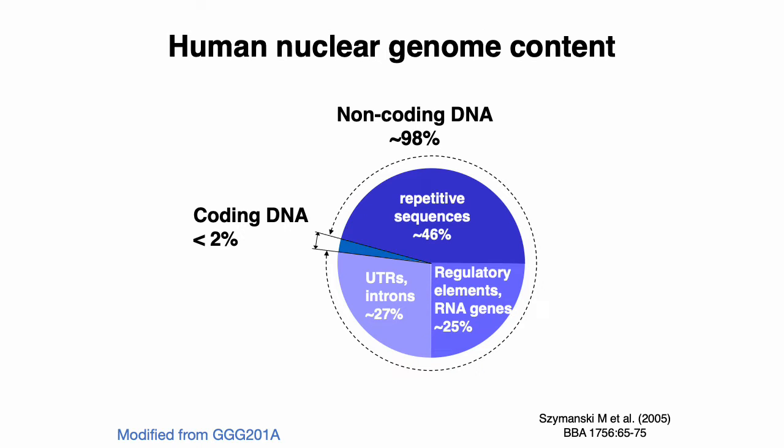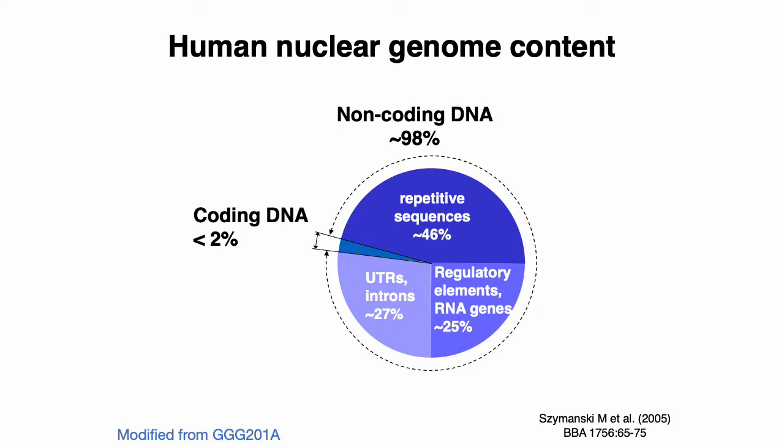But roughly speaking, we think that around 46% of the human genome is repetitive sequence. Within those repetitive sequences, there can be functional elements that affect gene regulation and cellular activity in general. Roughly 25% of the genome is thought to encode different types of regulatory elements and RNA genes.